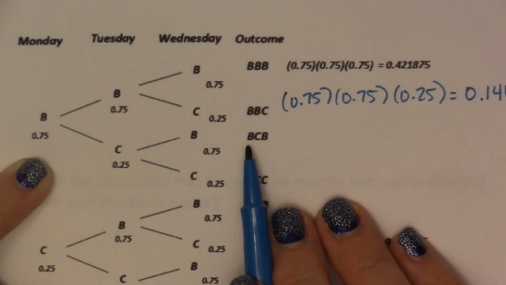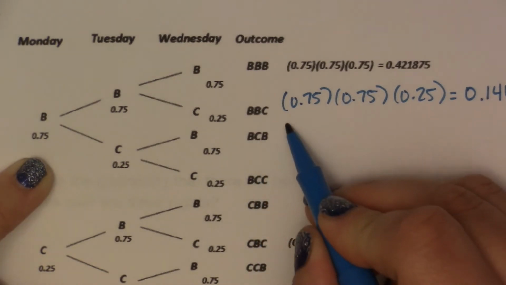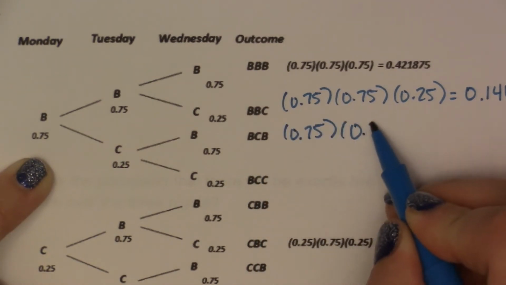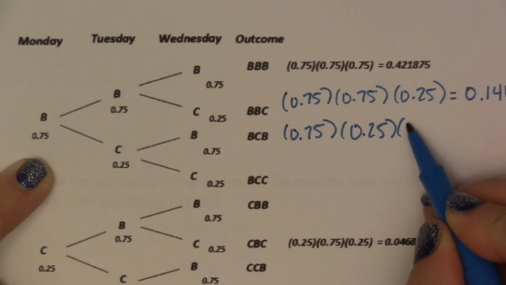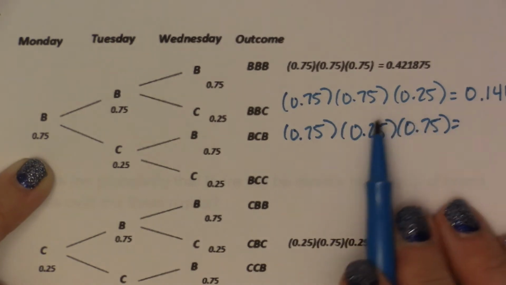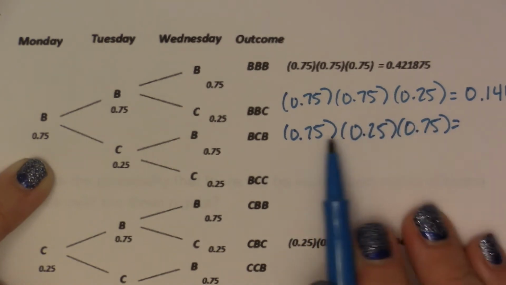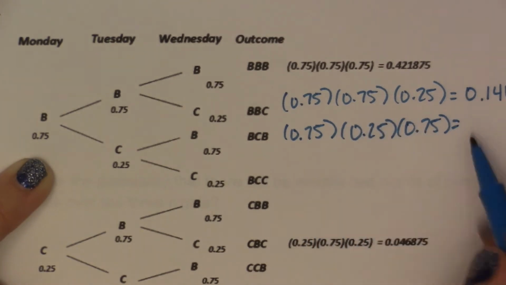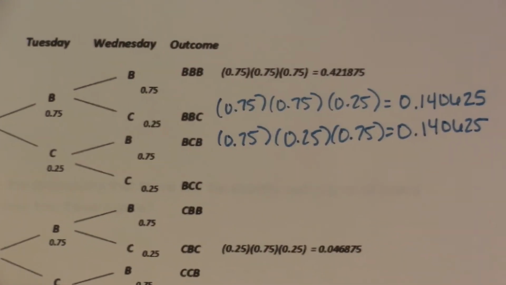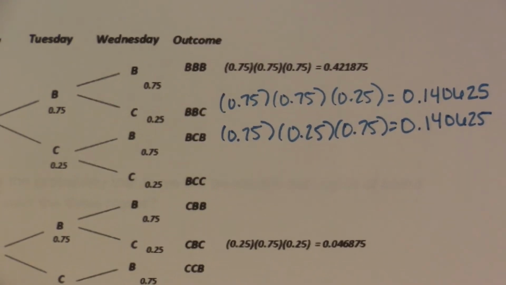Board game, card game, board game: 0.75 times 0.25 times 0.75, which would be the same answer as above because we have two 0.75s and one 0.25, and with multiplication, it's commutative. Let me scoot that over so you can see the numbers.